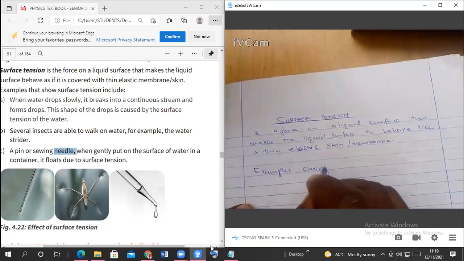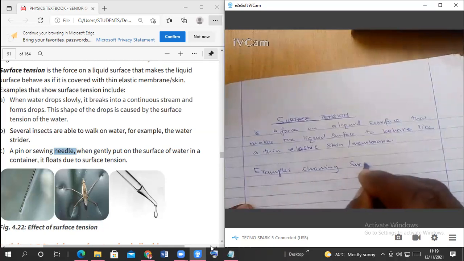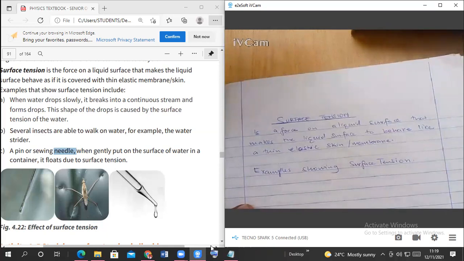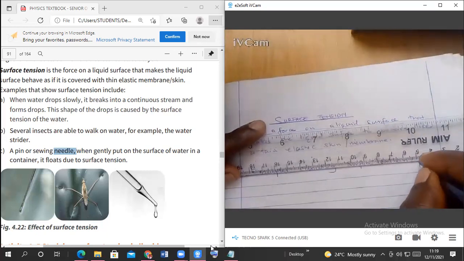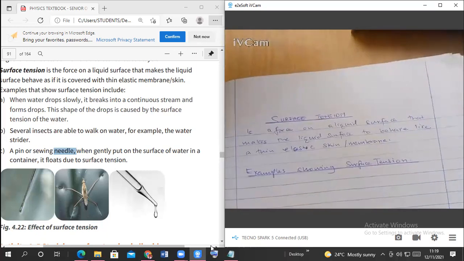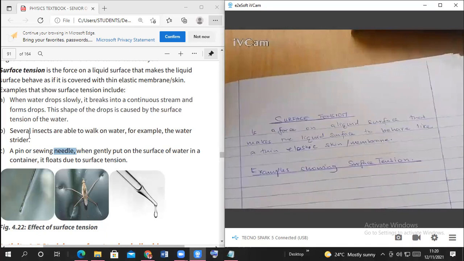So we have examples showing surface tension, and one of them we have already seen from these diagrams which are here. So we have insects that are able to walk on water, but before that, they are saying that when water drops slowly, it breaks into continuous streams and forms droplets.